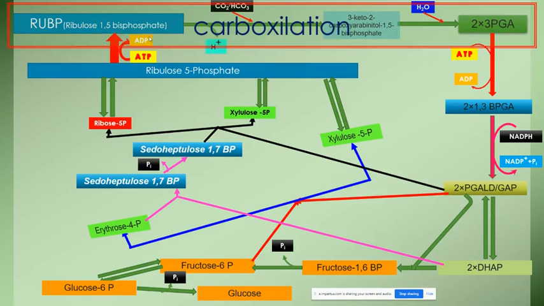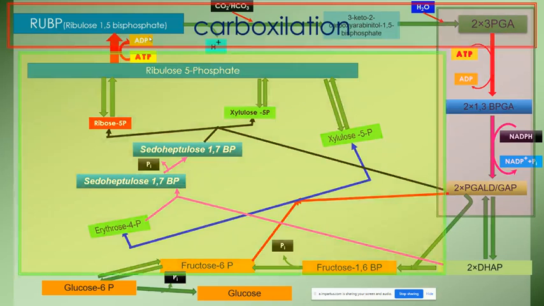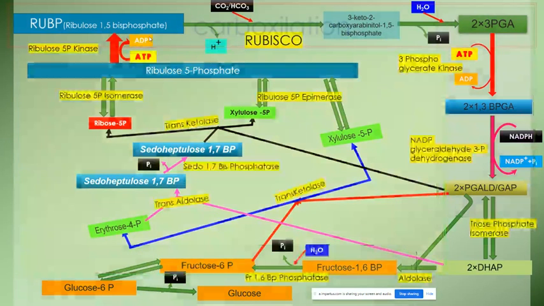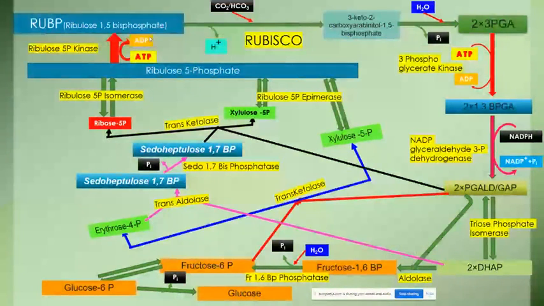So this step is known as the carboxylation. Next step, this is the reduction, this is the regeneration, and this is the synthesis. So these are the different stages of the CT cycle, and these are the enzymes. I gave the names of the enzymes later because I know that you can easily write them.